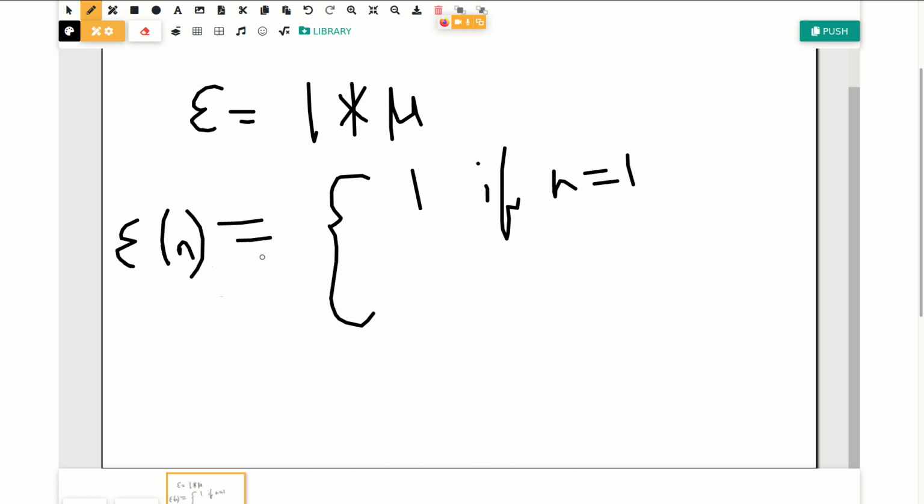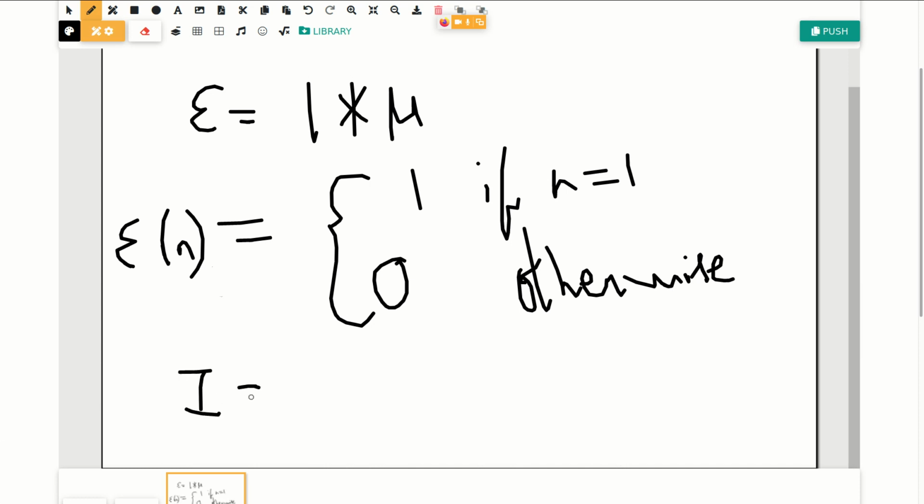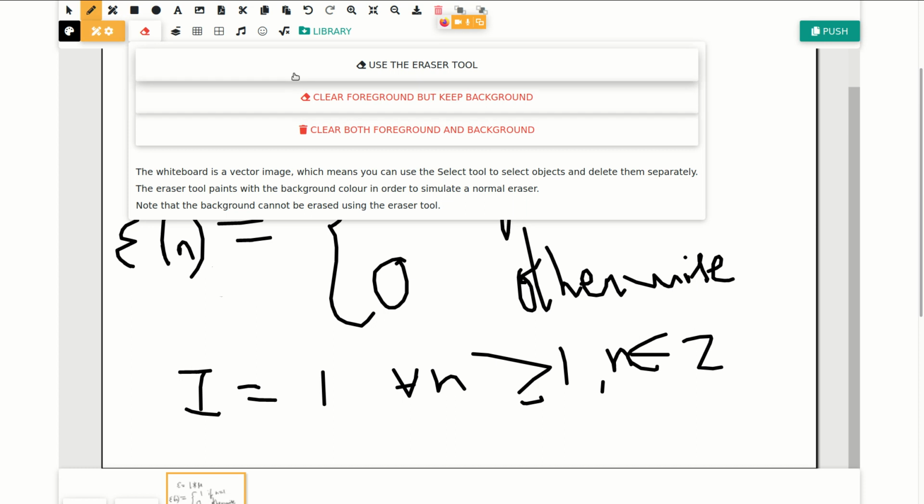Epsilon of n is equal to 1 if n is equal to 1, otherwise 0. And the identity function is pretty simple. I is equal to 1 for all n greater than or equal to 1. Of course, n belongs to Z. When we talk in number theory, everything belongs to Z. So epsilon is equal to 1 star mu, 1 convolved with mu over here.